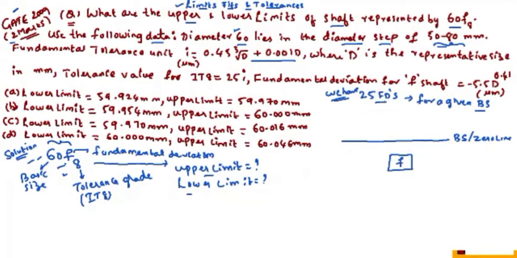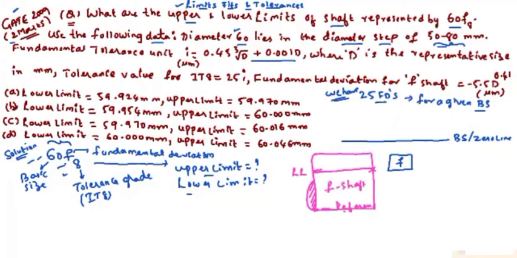Suppose you take some reference point, and if I draw the small f shaft like this from a reference line, this line is the lower limit of the small f shaft and this line is the upper limit of this small f shaft.